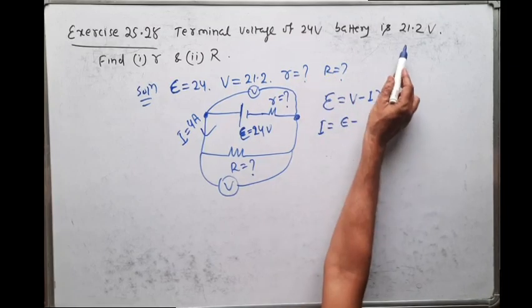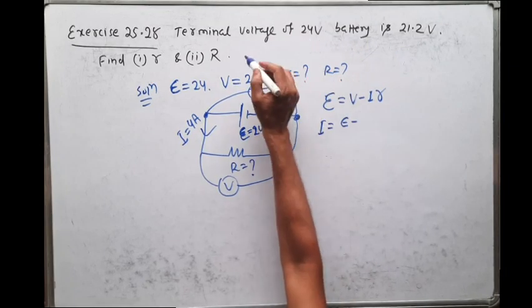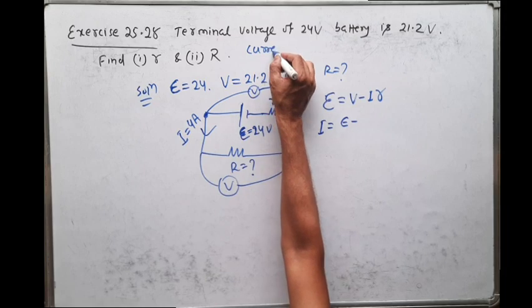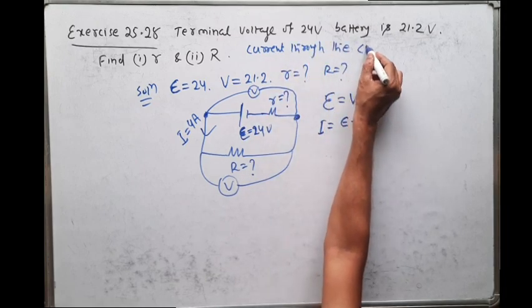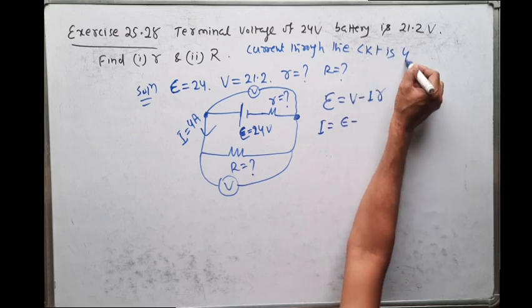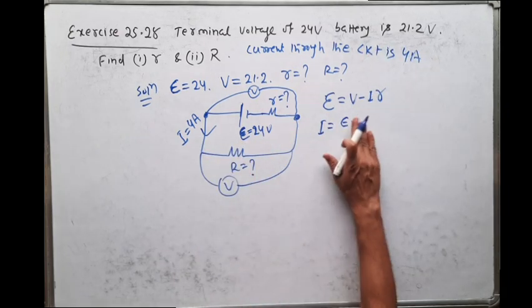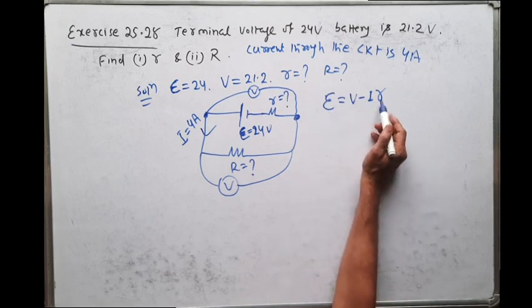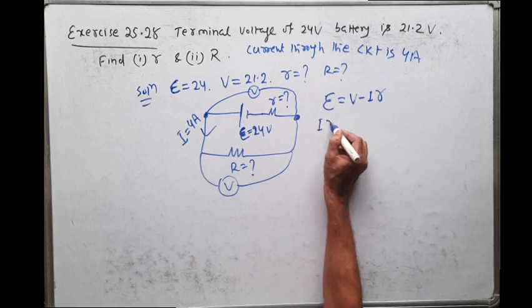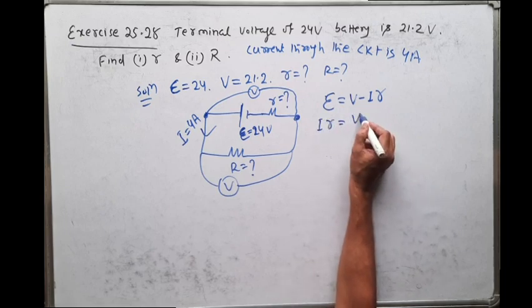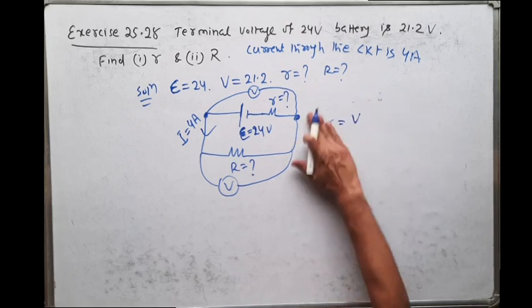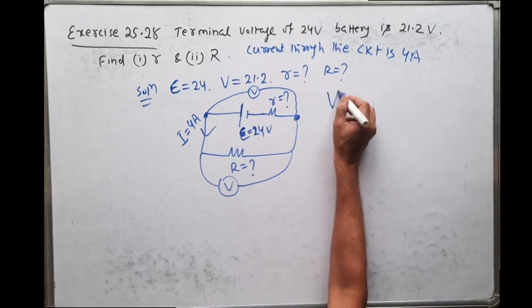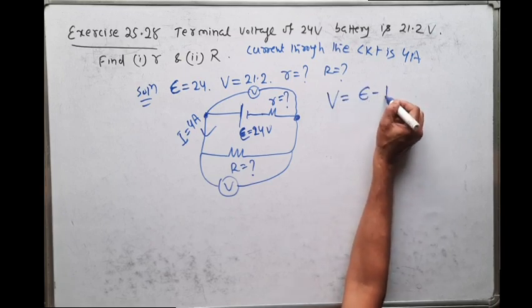Terminal voltage is given, the EMF of the battery is given, and current through the circuit is given. That means I is also given. Then you have to find the internal resistance. Very simple. You see, so V is equal to E minus I into r.